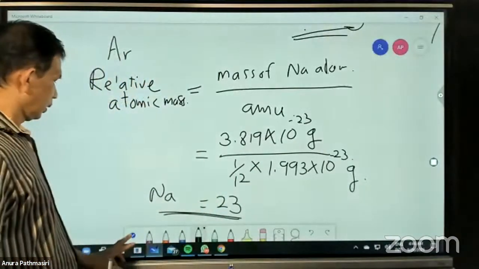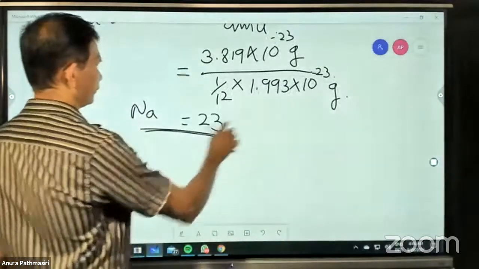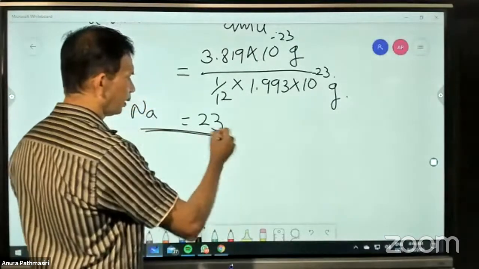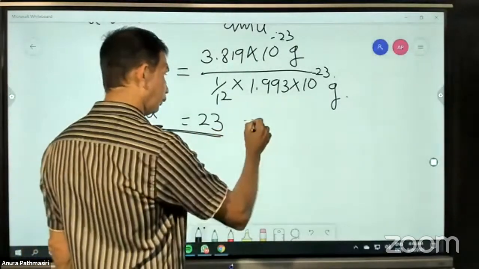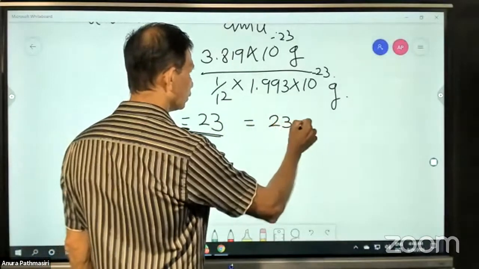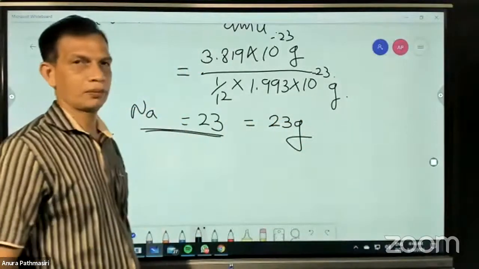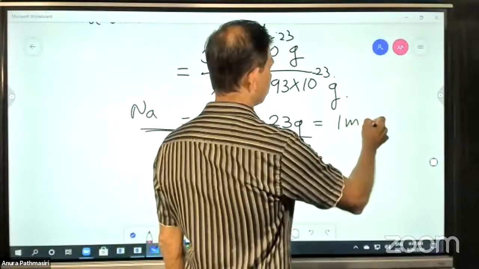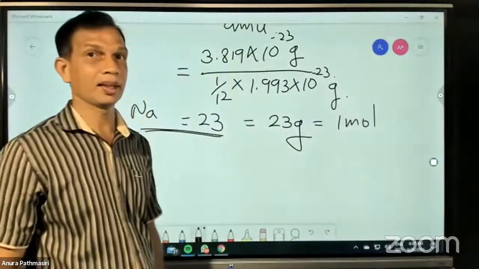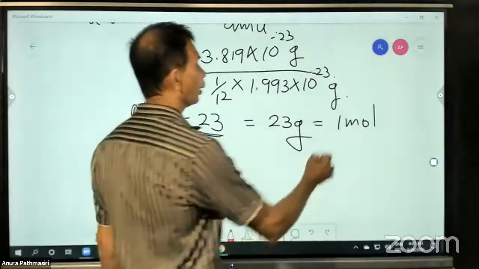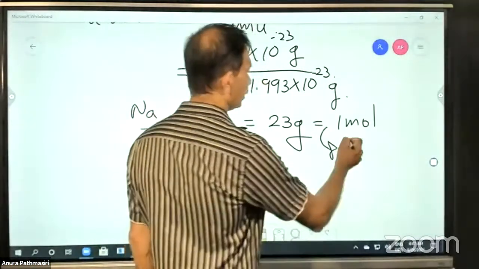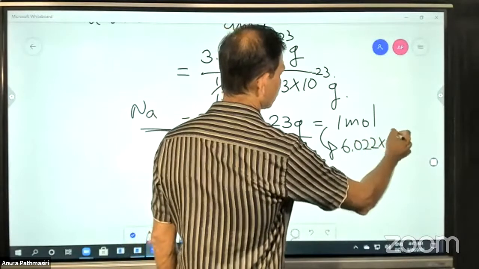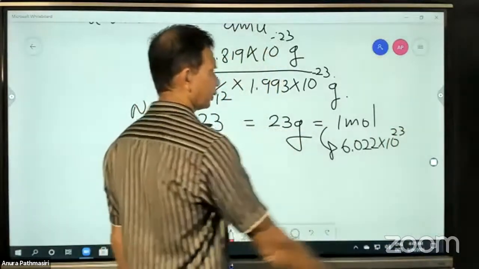Now you have sodium's AR, that is relative atomic mass, 23. And if you have 23 grams, and you have 1 mole of sodium there, then you have 6.022 times 10 to the power 23 atoms.